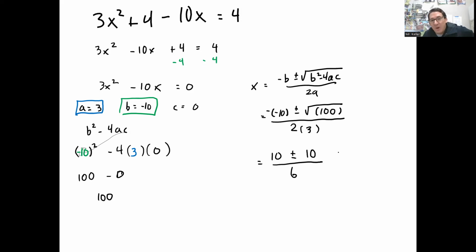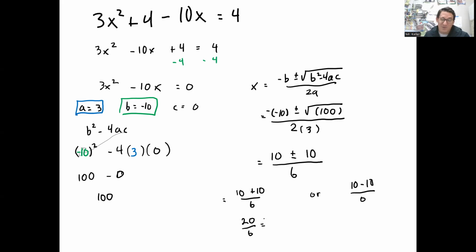Since these are all whole numbers, we can separate out this plus or minus and then simplify it all. So it's going to have two solutions. It's going to be 10 plus 10 divided by 6, or 10 minus 10 divided by 6. We can do both of them. 10 plus 10 is 20 divided by 6.